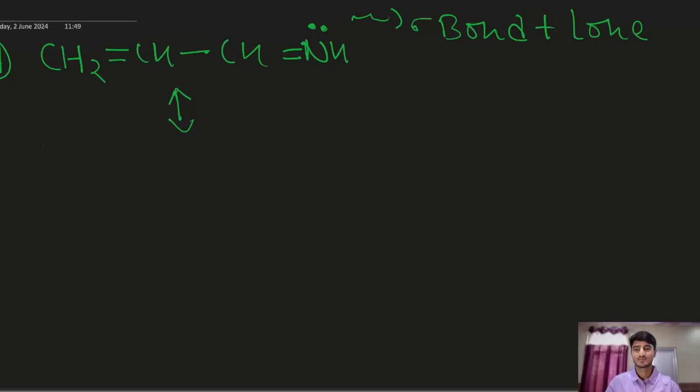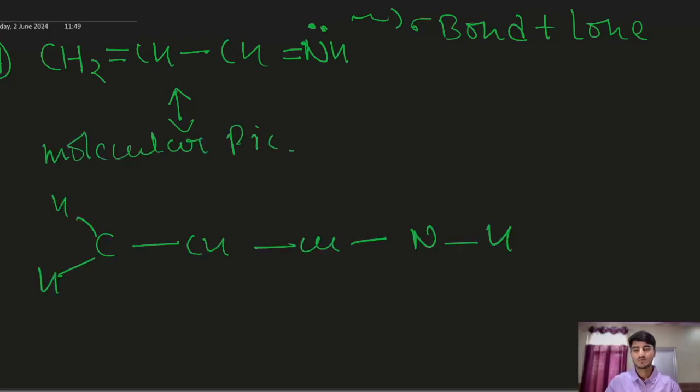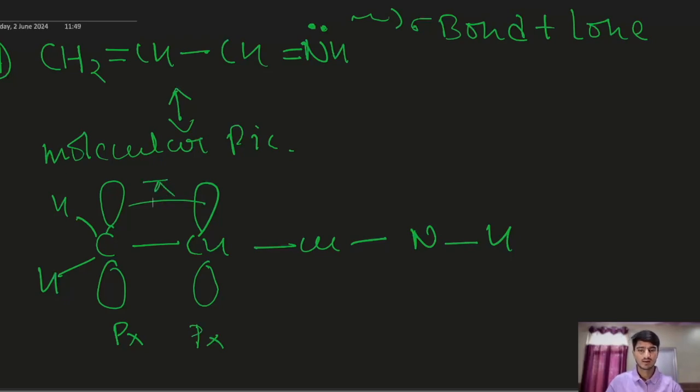So first make its molecular picture. As the pi bond is forming between these two atoms, the px of this carbon and px of this carbon will form a pi bond by side-by-side overlapping. And again we have a single bond, and again a pi bond is forming between carbon and nitrogen. So again px of this atom and px of this nitrogen will form a pi bond.